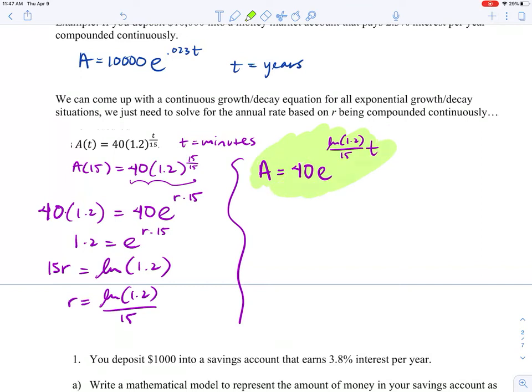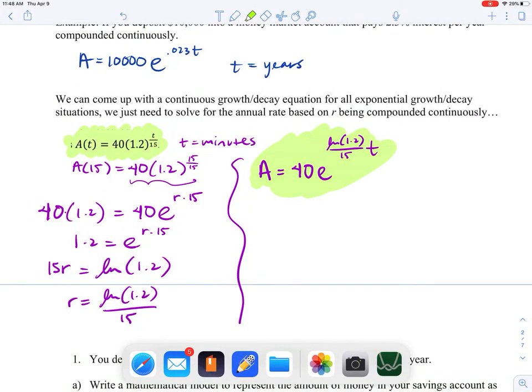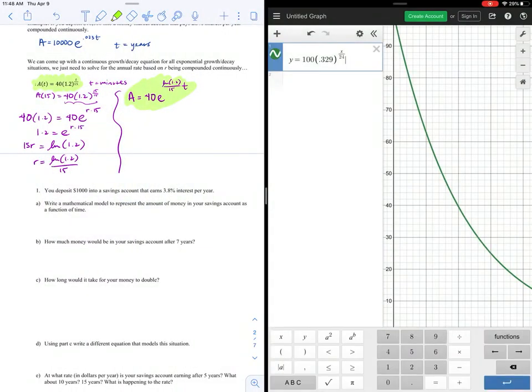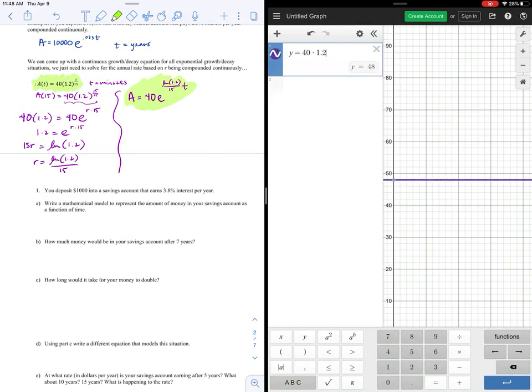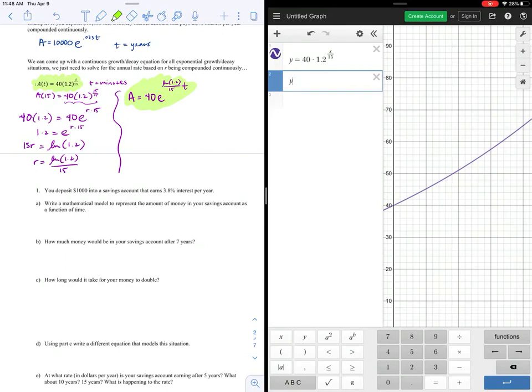And you could confirm that these equations are equal to each other by graphing. So basically they have the same inputs and outputs. If we did that on Desmos, if I type in y equals 40 times 1.2 to the x, I'm using x instead of t, over 15th power, okay?